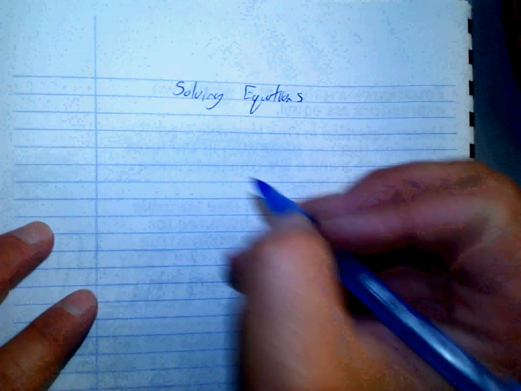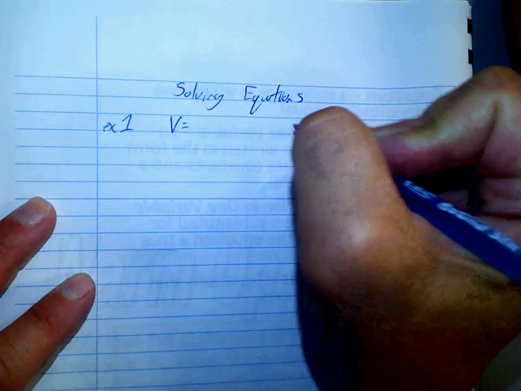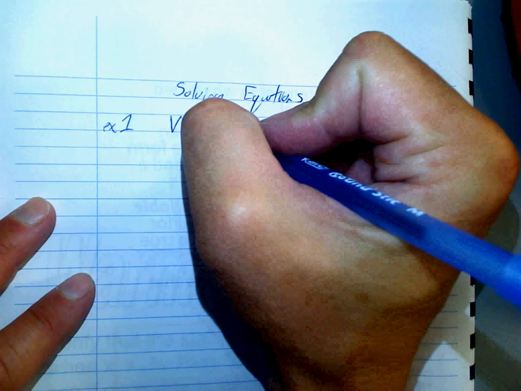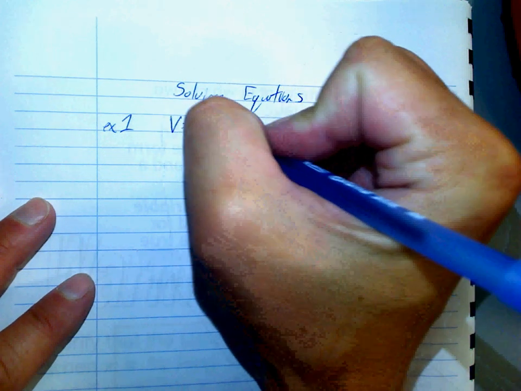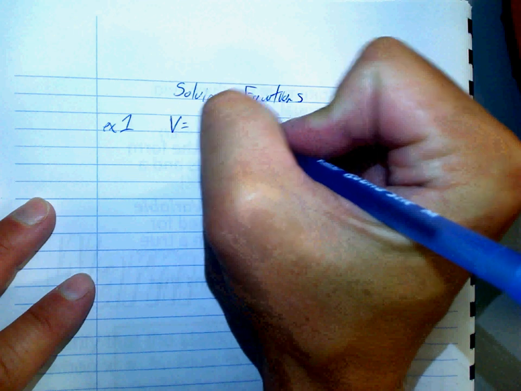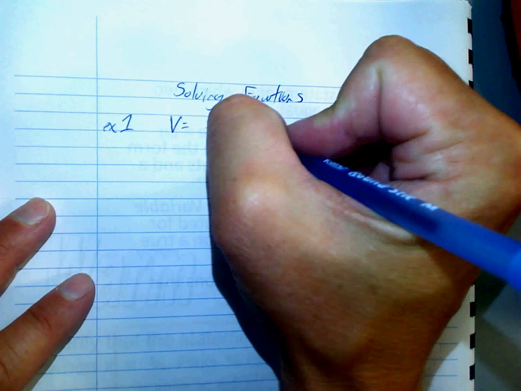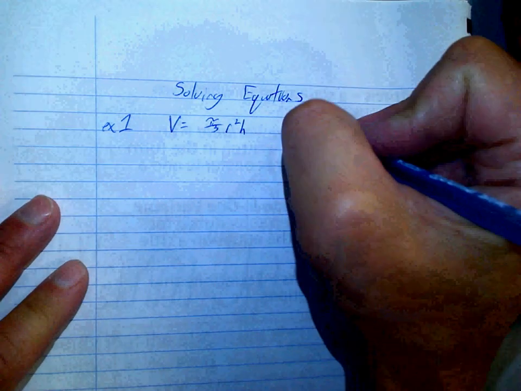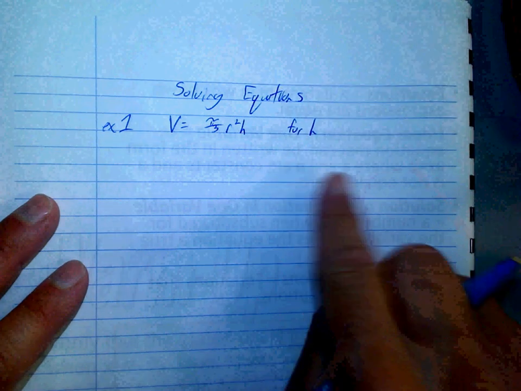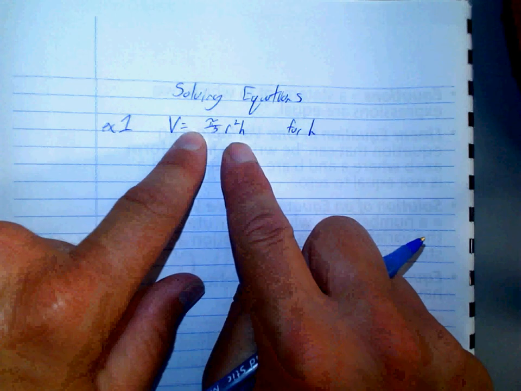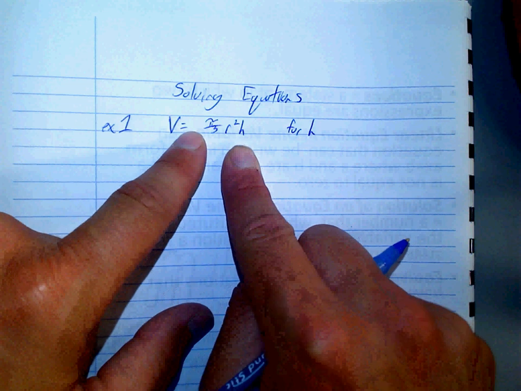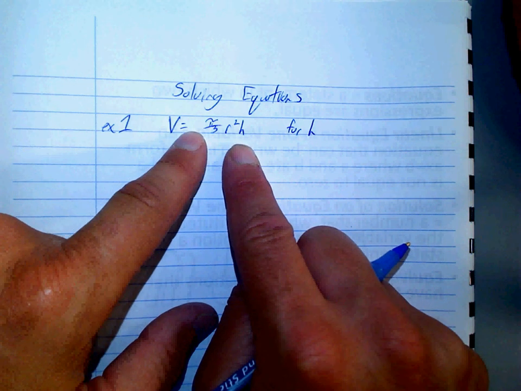So let's try this one first. Example 1: volume, or V, equals pi over 3 times r squared times h. Solve it for h. Now this isn't something that you can really use a calculator for, I don't think. This is just your ability to use your solving techniques.